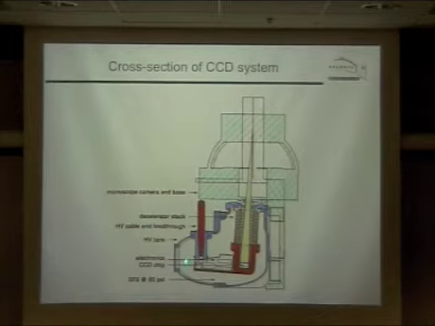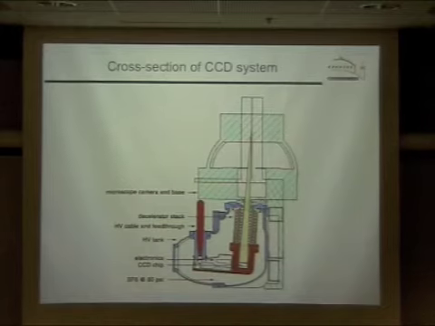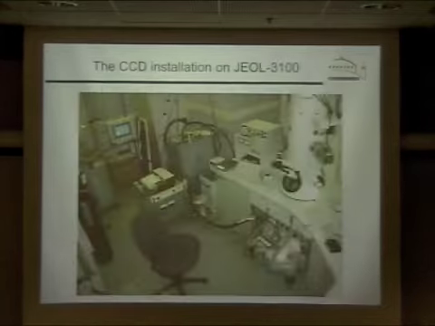So there's a sulfur hexafluoride at high pressure that's used as an insulating gas here. So this is a real high voltage, high pressure system that is used just to put the CCD at a voltage that gets sort of comparable to the voltage of the filament of the microscope.